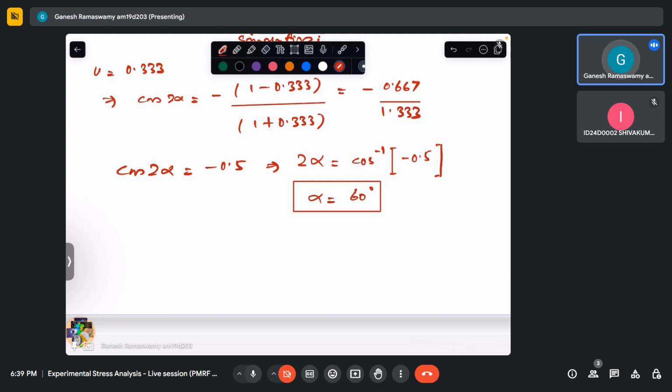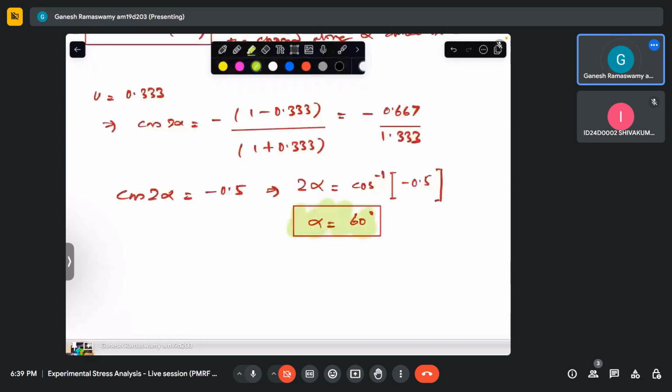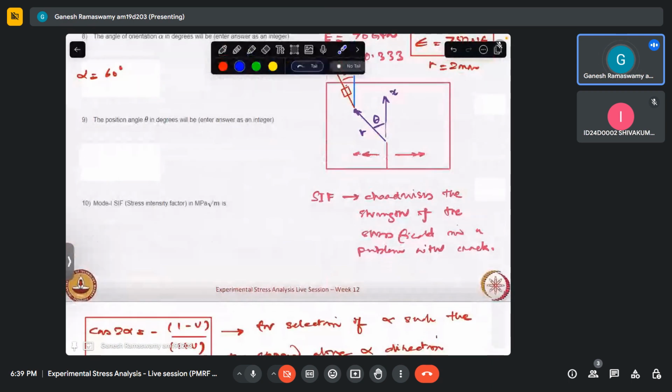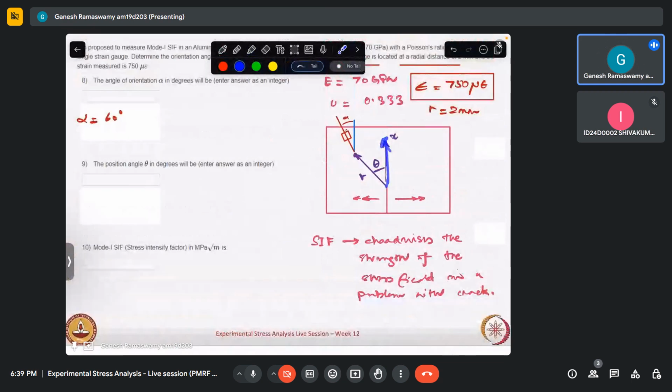Sorry, 2 alpha is 120 degrees, so alpha is 60 degrees for this. So once we have the crack, we will have this orientation at 60 degrees.